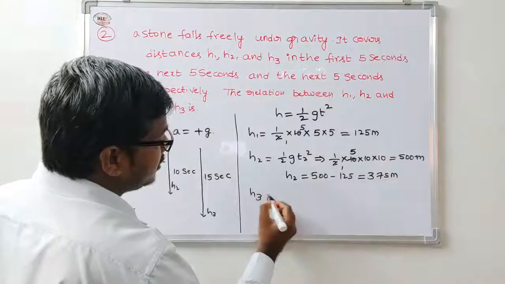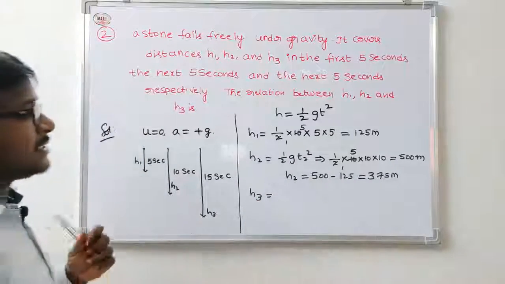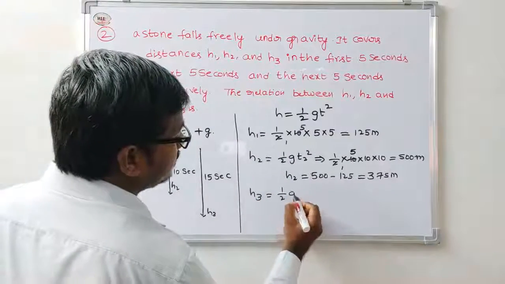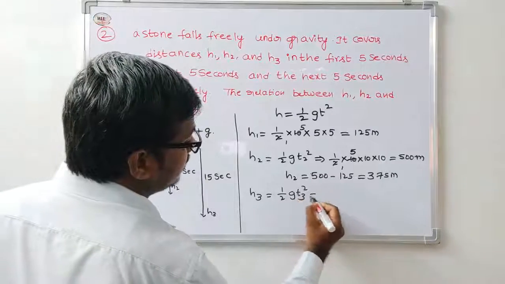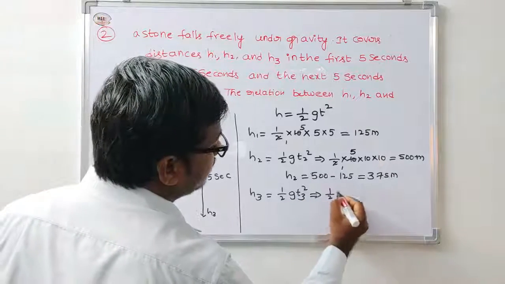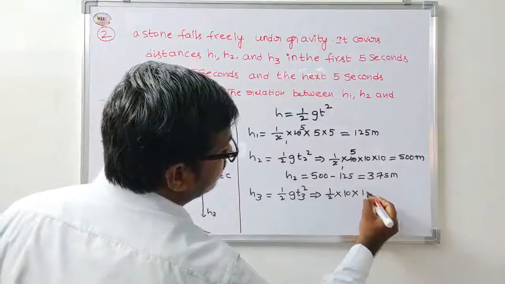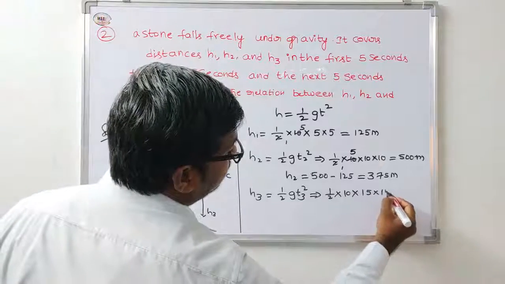Next, the third distance covered, h3, is equal to half g t3 square, that is equal to half into 10 into 15 into 15.